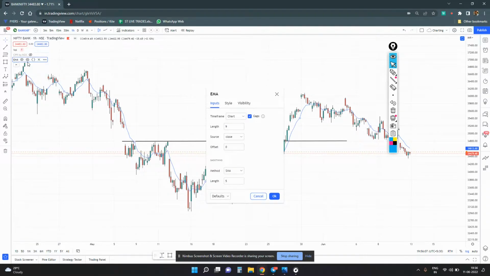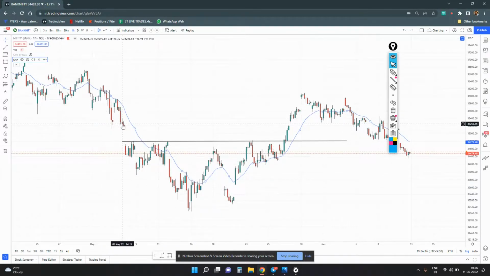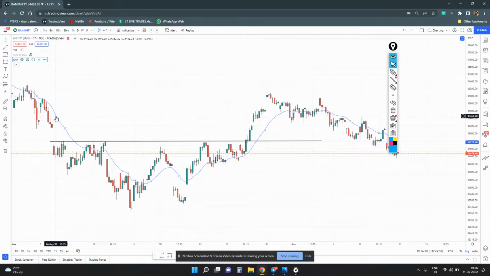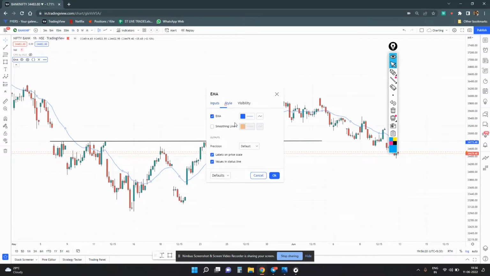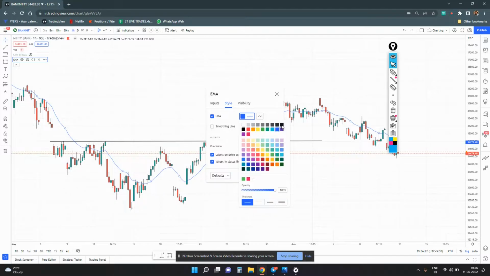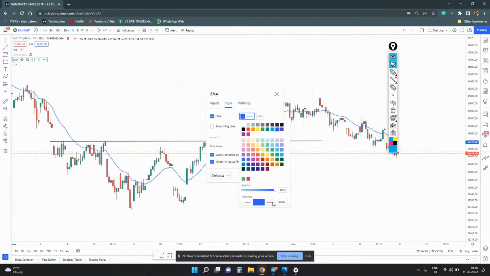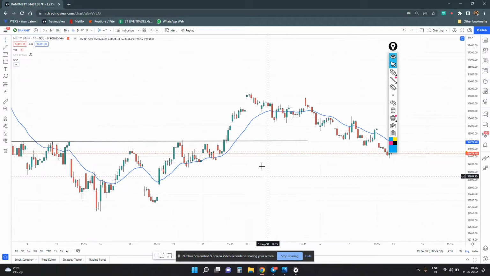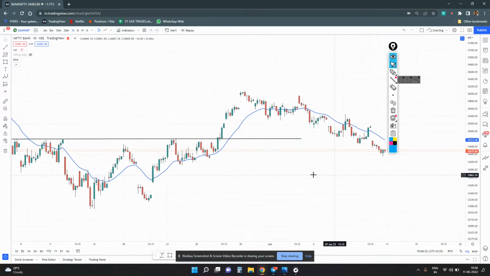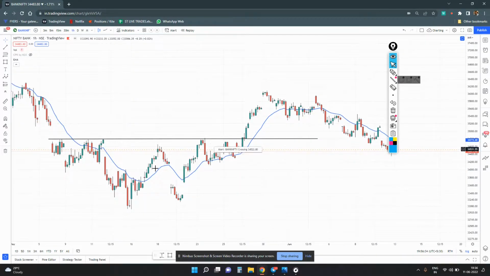Click on the settings here, then increase the length from 9 to 20, and you will see a blue line. If you double click on the blue line, you can change the color however you want to. I generally keep it blue and just bold it. You can increase the thickness from here. So this is what I have plotted here, and you can use it however you want to.